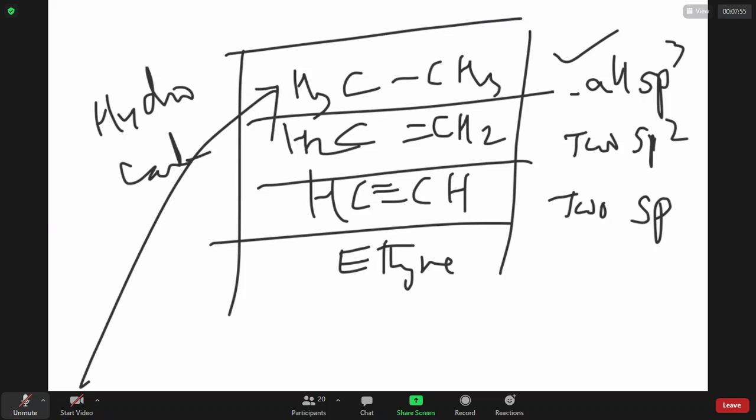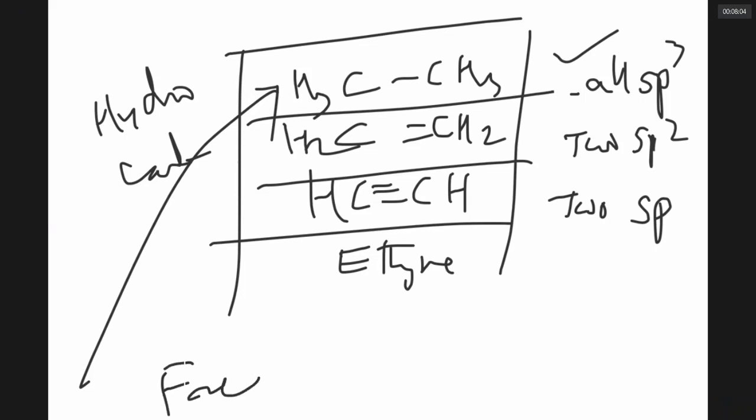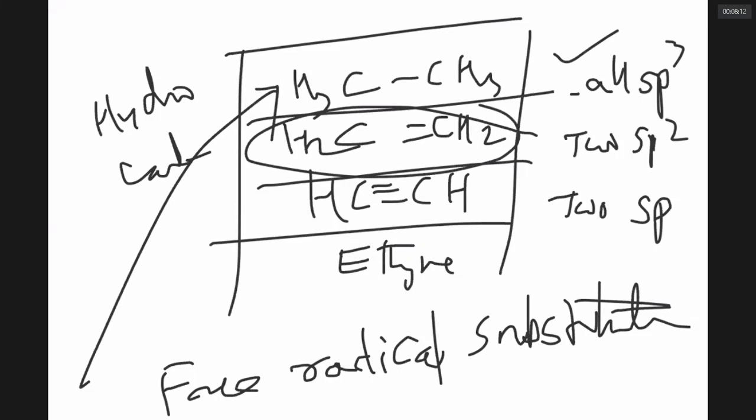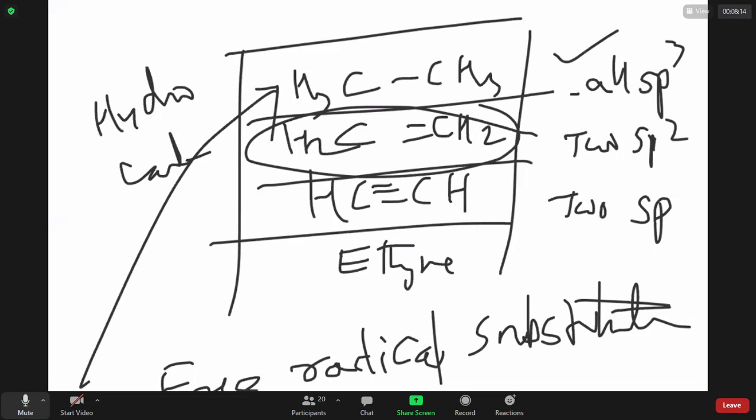What are the characteristic reactions? Free radical substitution reactions. What are the reactions of alkenes? Electrophilic addition reactions.